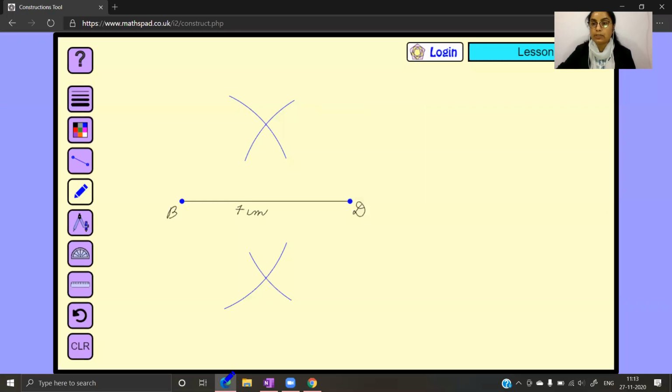Join these intersection points, the point of intersection of arcs above and the point of intersection of arcs below. Join these 2 points, draw a vertical line passing through these, and then you will obtain the perpendicular bisector for BD, and we can name it as any line.